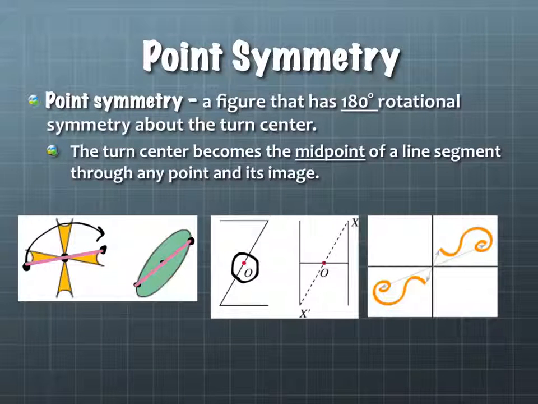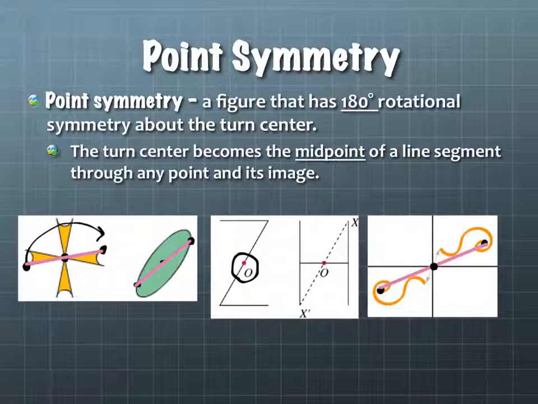Looks like it should be on like a banister or something like that. And every point is connected. So this point they used as an example, its image is this point, and the line segment that connects them looks like this, and the turn center is right there in the middle, which is the midpoint of that segment. So that's what happens on any of our point symmetries. The turn center is in the middle of the segments connecting them.